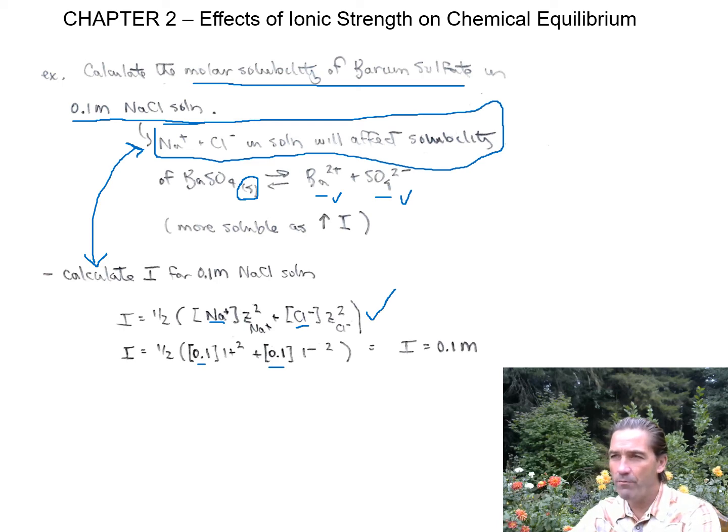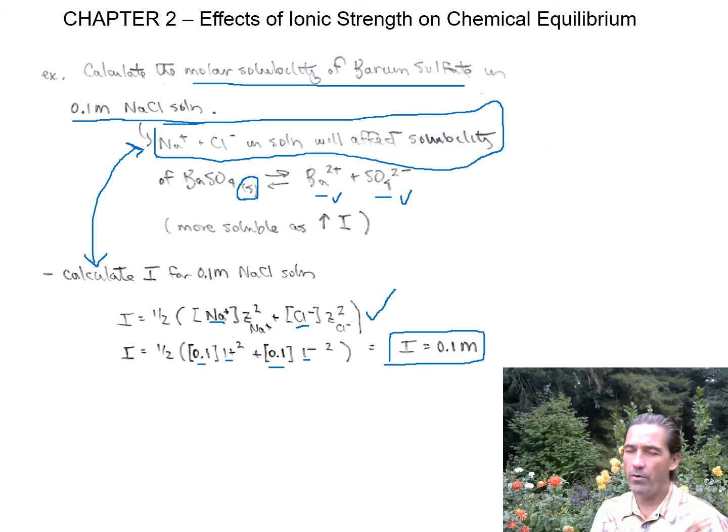For every 0.1 molar sodium chloride, I have 0.1 molar sodium ion, 0.1 molar chloride ion. The charge on chloride is -1, charge on sodium is +1. I do the math. The ionic strength of a 0.1 molar sodium chloride solution is 0.1 molar.